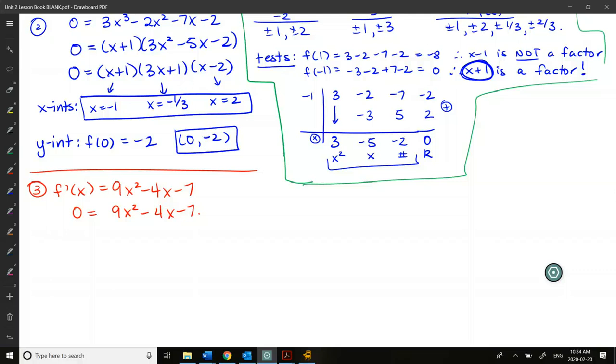So our options here are we could try to find two things that multiply to negative 63 and add to negative 4. I don't know that we're going to find that. Really, the factors are like 9 and 7, which is not going to add to negative 4. We could do 3 and 21. That's not adding to negative 4. There's not a lot else that we can do there.